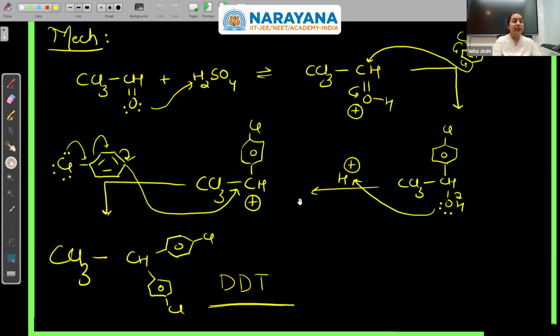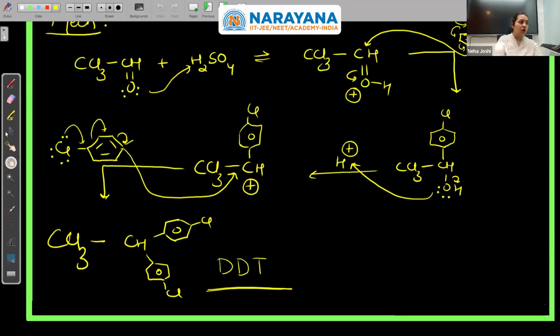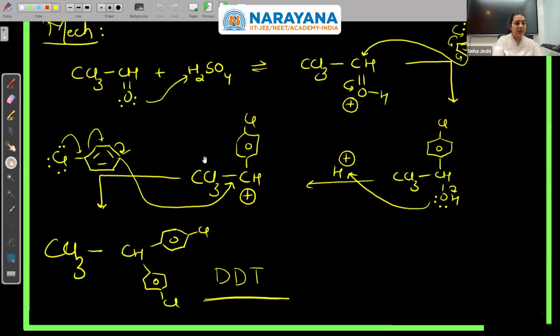As it is a very bulky electrophile, it always attacks at para positions. Okay, due to its bulky nature, it always attacks at para positions. Is that absolutely clear?